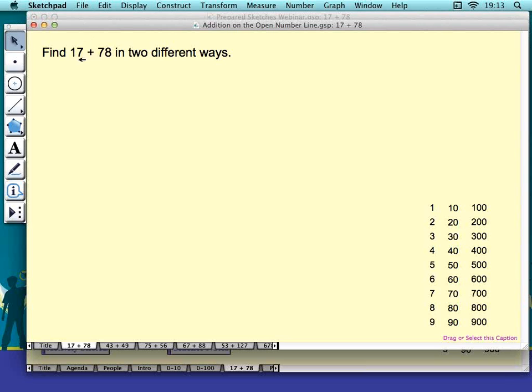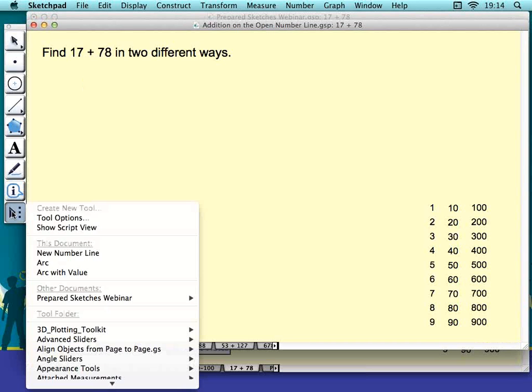And I'm going to show you how this activity sketch uses those custom tools in order to accomplish, for instance, this particular problem, which is the very first page of the sketch. The custom tools are found at the very bottom of the toolbox, and this particular document has tools for a number line and a tool for an arc with value.